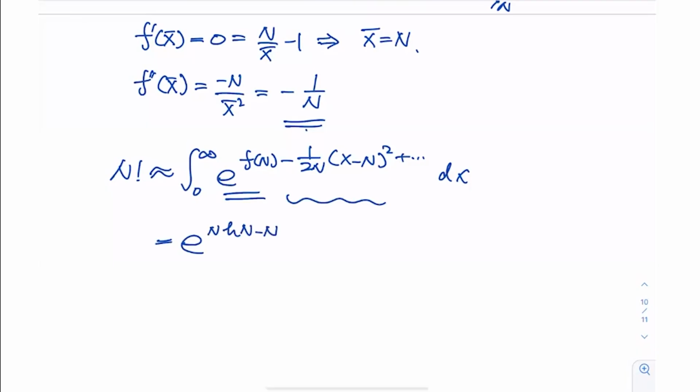And the rest of it is something that you're familiar with. It's just a Gaussian integral. We just derived it 3 minutes ago. And eventually it will give you something like this. Then you got the Stirling's approximation.